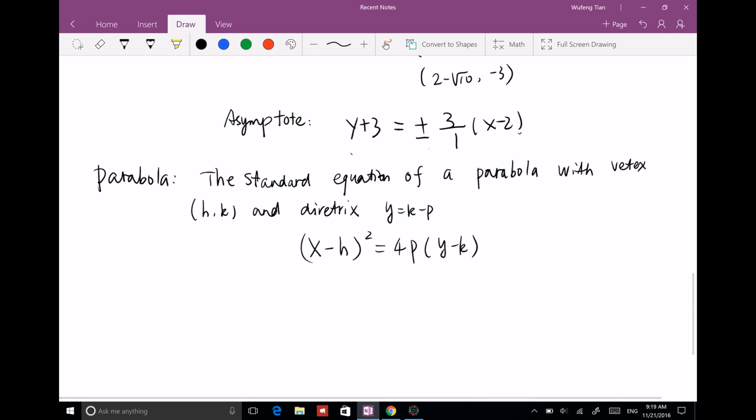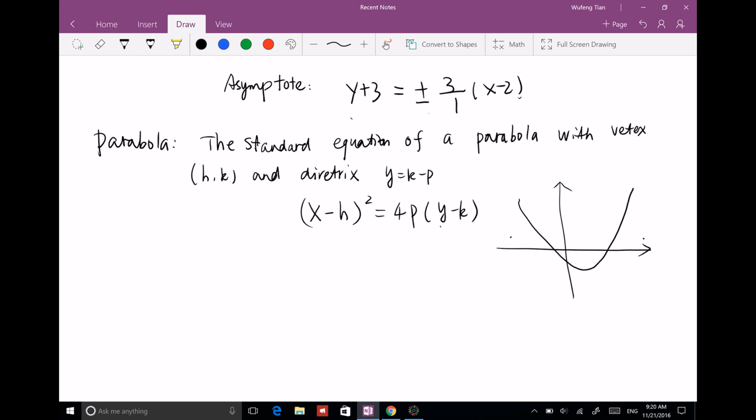For this one, x squared, so x can be positive, negative. If p is positive, it's going to open upward. Like this, x can go negative, x can go positive, but y can only go positive if p is positive.